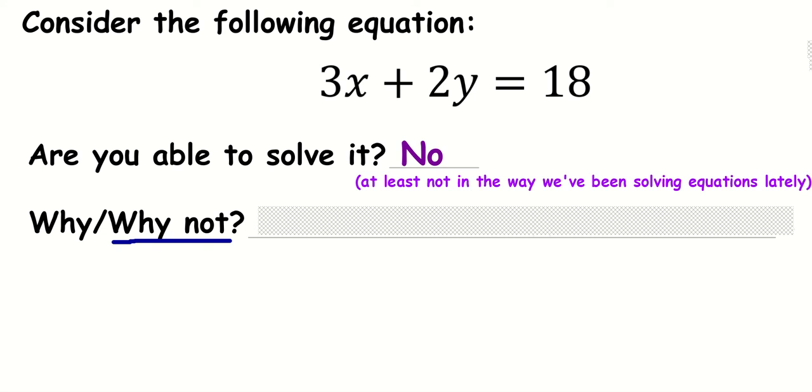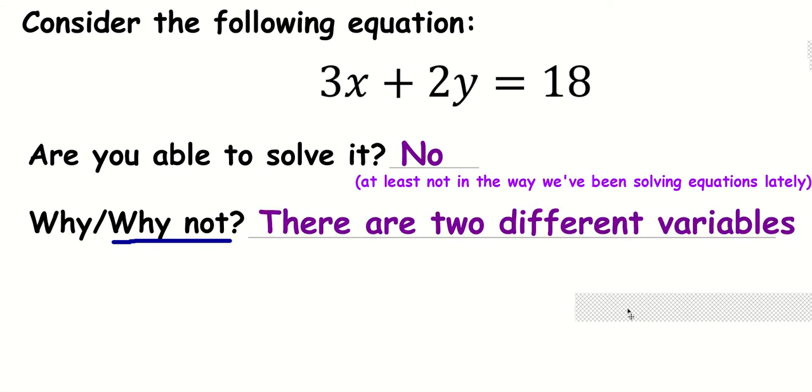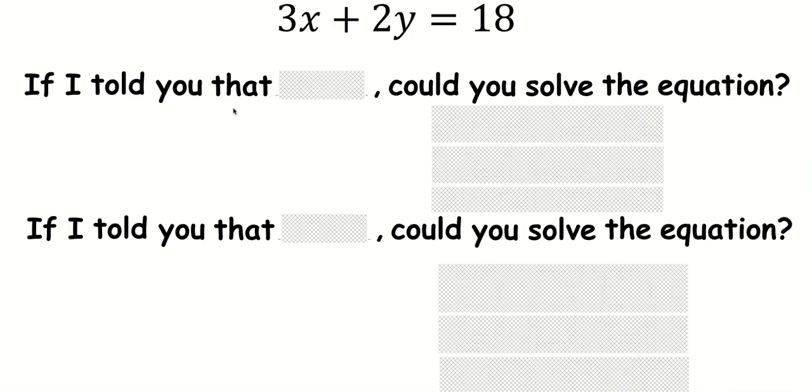Why are we not able to solve it? Maybe you've already noticed that there are two different variables in this equation. We have an x variable and a y variable, two totally different variables, which is basically the reason we're not able to solve this the way we've been doing.